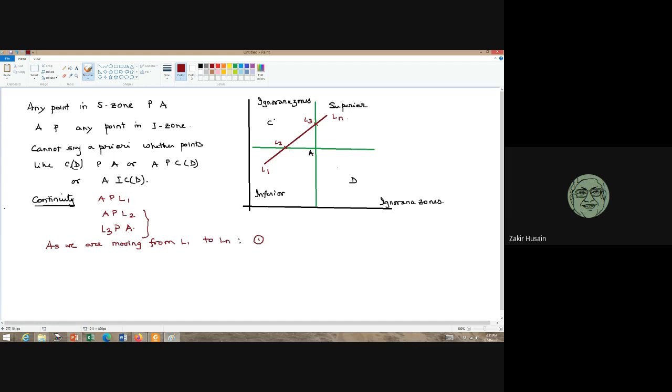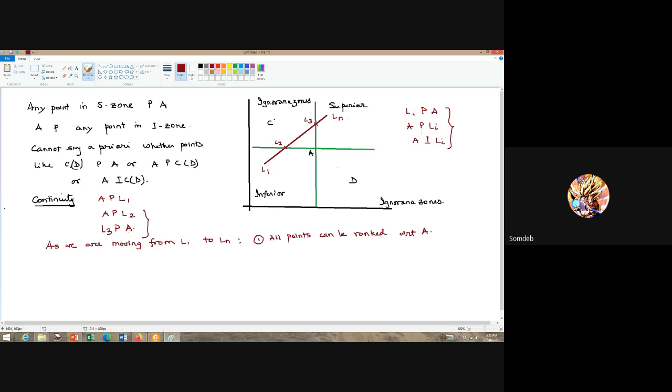As we are moving up this line, note the following points. Firstly, all points can be ranked with respect to A. If we take a point on this line, let us say Li, either Li is preferred to A, or A is preferred to Li, or we are indifferent between the two points. Well, what have you written over here?